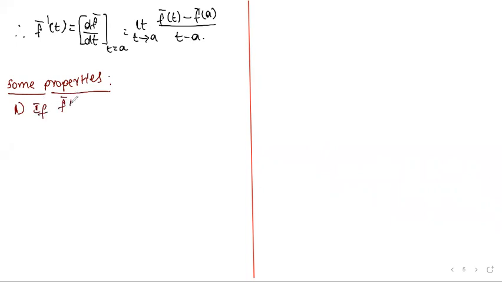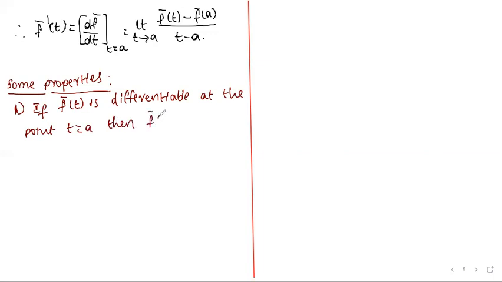If f bar of t is differentiable at the point t is equal to small a, then f bar of t is continuous at the point t is equal to a.